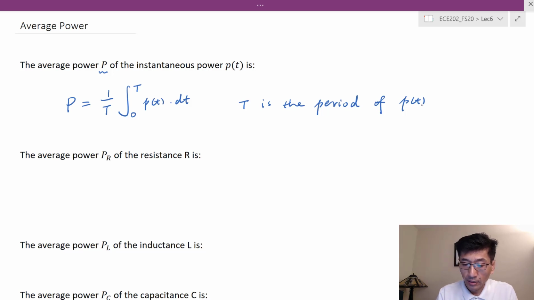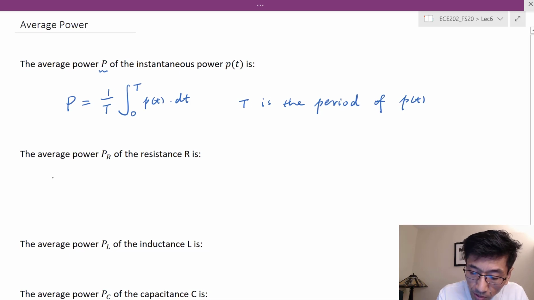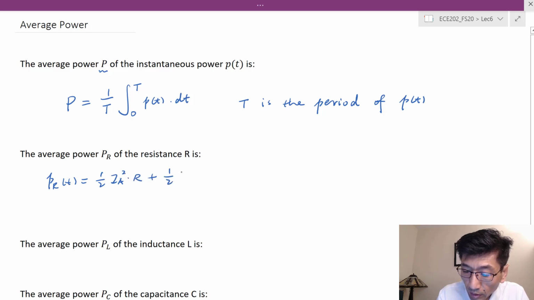So let's look at the piece for the resistance. For the resistance, we just did this a moment ago, and the instantaneous power for the resistance is half I sub A square times R plus half I sub A square times R times cosine 2 omega t.